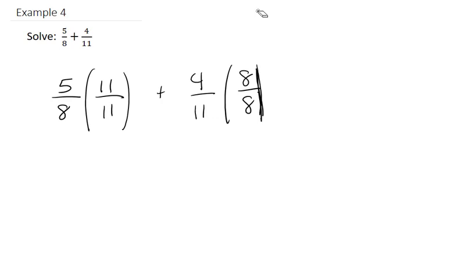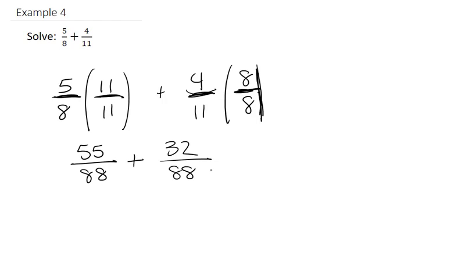So now we can go ahead and begin to multiply. So 5 times 11 is 55 over 88, plus 4 times 8 is 32 over 11 times 8 is 88.